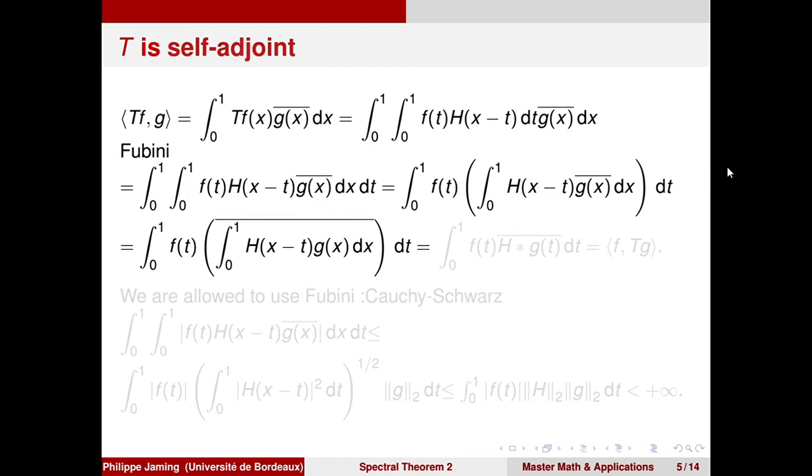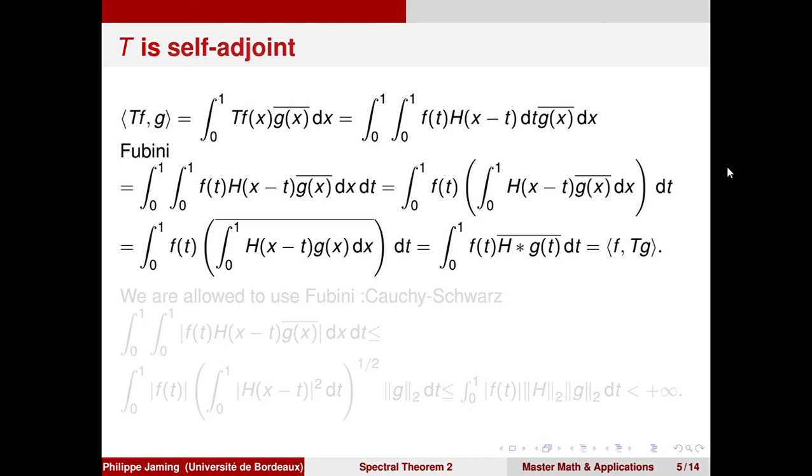So we get the integral from 0 to 1 of f of t times the conjugate of the integral from 0 to 1 of h of x minus t, g of x dx, and we recognize under the complex conjugation h convolved with g. So we get the integral from 0 to 1 of f of t times the conjugate of h convolved with g of t, which is nothing else than the scalar product of f with Tg. Therefore, the adjoint of T is T itself. T is self-adjoint.